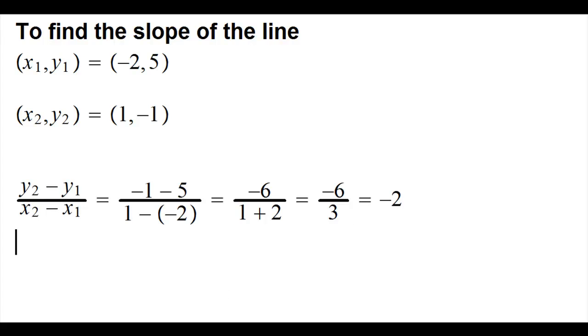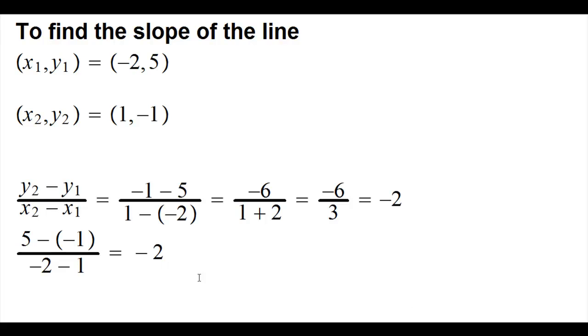Now just to show you, say I had gone ahead and done 5 minus negative 1, that is, I switched my order. Then I have to keep the same order for the other coordinate. That is, I have negative 2 minus 1, which will still end up becoming negative 2.